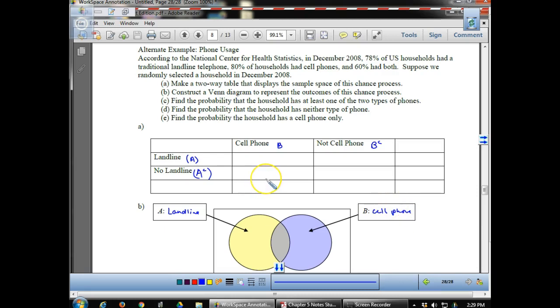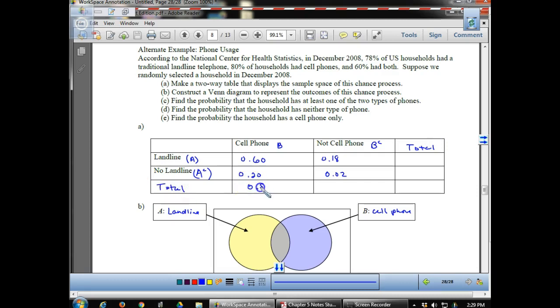Now I want you to pause the video and fill in the table based on this information. So you're basically doing part A here, and then check back in. Okay, so I'm just going to fill this in for you pretty quickly here. And then this is a total column or marginal counts there.